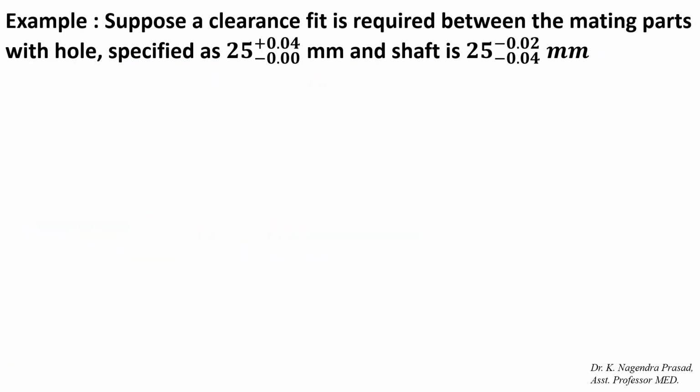Let's see an example of an interchangeable assembly. Suppose a clearance fit is required between the mating parts, with the hole specified as 25 plus 0.04 and 25 minus 0.00 mm, and the shaft as 25 minus 0.02 and 25 minus 0.04 mm.